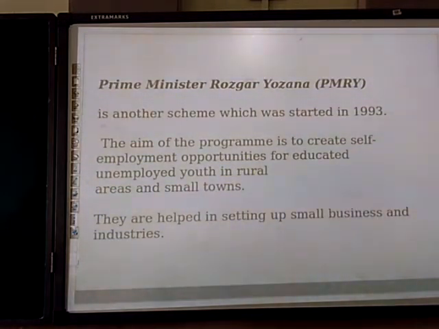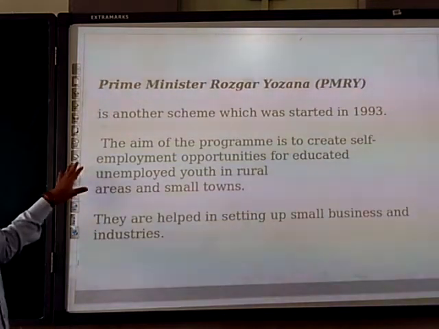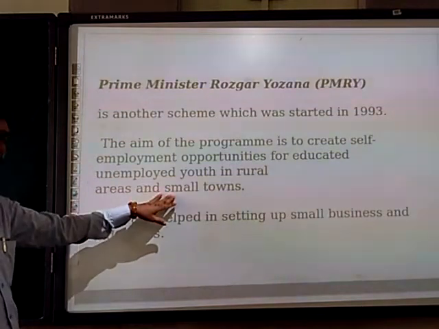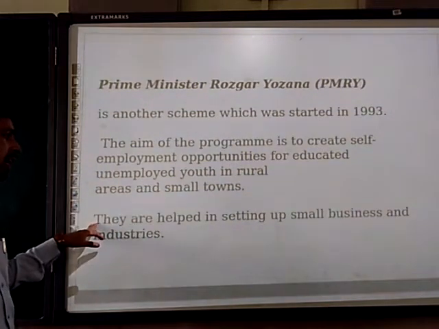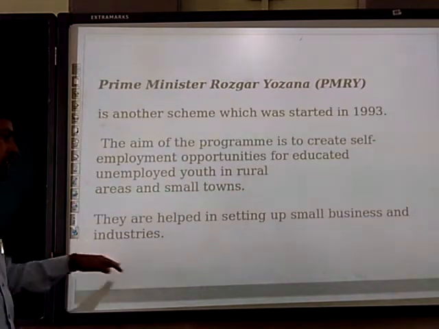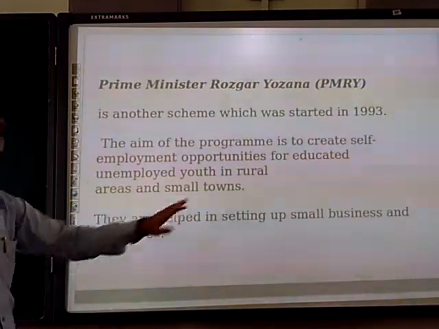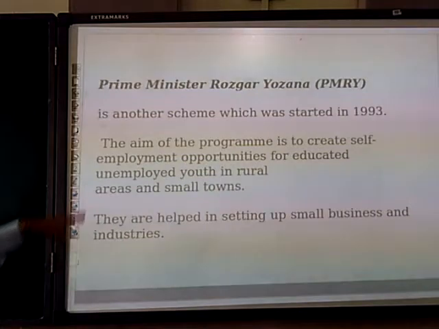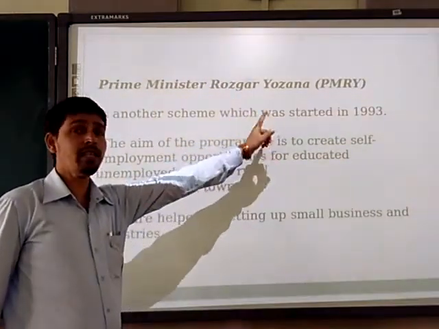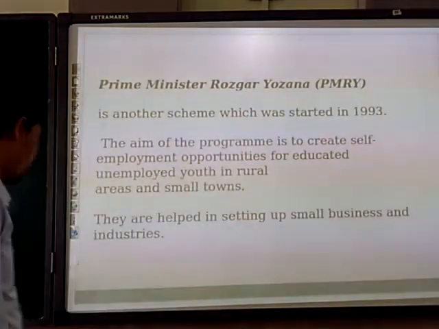The aim of this scheme is to create self-employment opportunities for educated unemployed youth in rural areas and small towns. Then they are helped in setting up small businesses and industries. Prime Minister Rozgar Yojana was established in 1993.